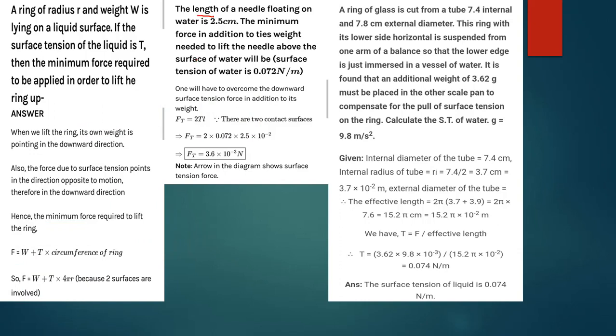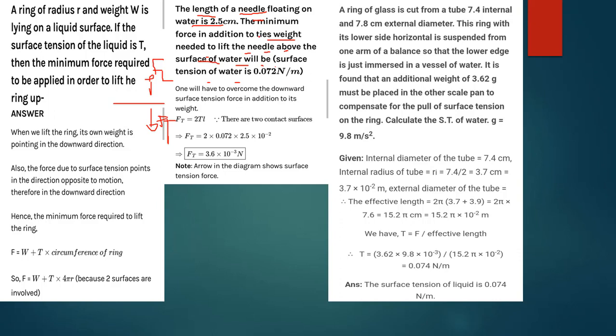So for example here we have a needle of a given length floating on the water. The minimum force in addition to its weight needed to lift the needle above the surface of water will be what? We have that if you have a needle, your lifting force must overcome surface tension.